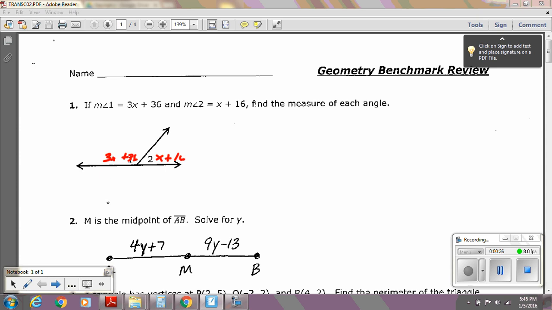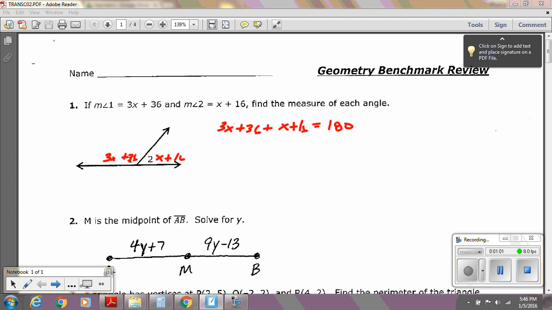Now, angle 1 and angle 2 together form a linear pair because they make a straight line when they're composed together. So I know that I should be able to take 3x plus 36 and add it to x plus 16, and my total should be 180 degrees.